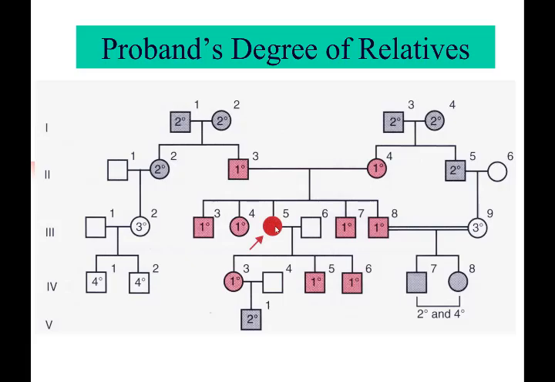The secondary relatives would be her uncles and aunts, her grandchildren, and the grandparents from both mother's side and father's side. And the third and fourth would be one generation further for each one.